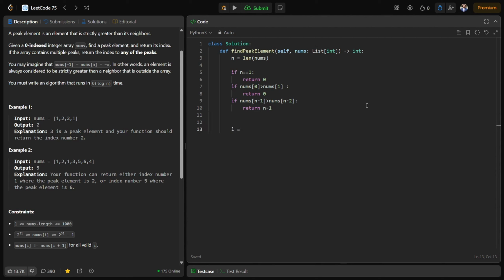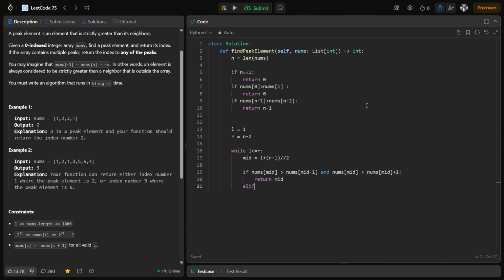Now L equals 1, R equals n minus 2. While L is less than or equal to R, we calculate the mid, L plus (R minus L) divided by 2. If nums of mid is greater than nums of mid minus 1, and nums of mid is greater than nums of mid plus 1, that means it is a peak element, so return the mid index.